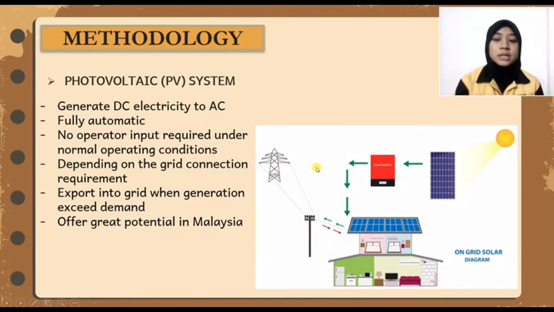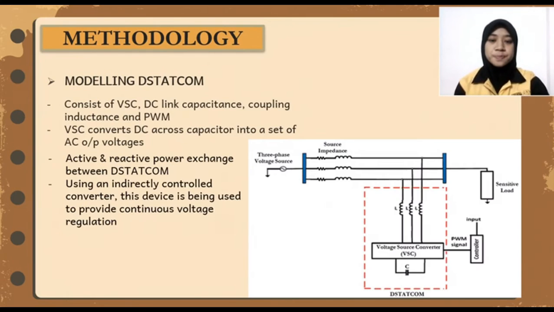No operator input is required under normal operating conditions, and depending on the grid connection requirement, it runs in a single phase or three phase system, and exports into the grid when the generation exceeds demand. This PV system offers great potential in Malaysia.